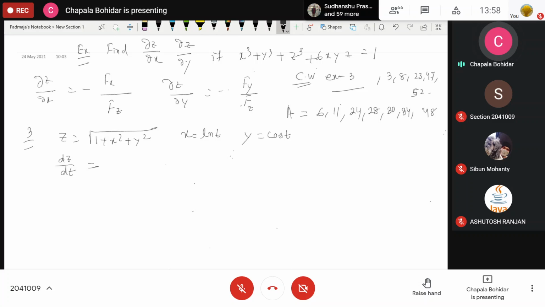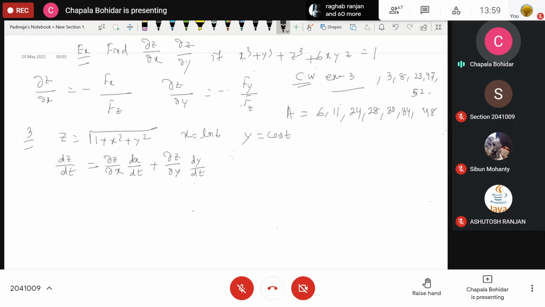One or two or three? dz by dt. Z is a function of x and y, so it is del z by del x, then x is a function of t only, so it is dx by dt. Find out.